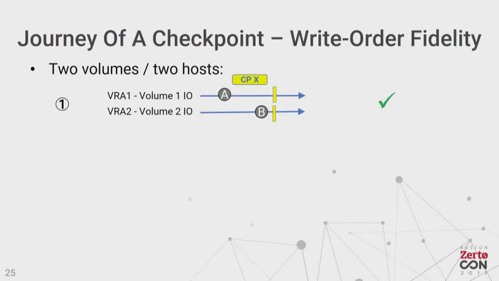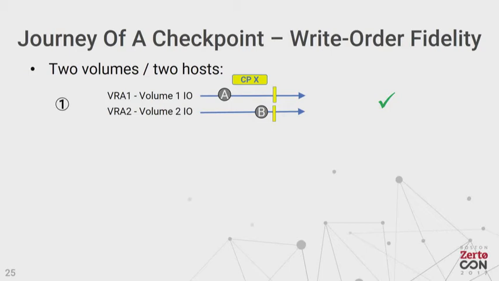Or even latency introduced in the data protection solution itself, because maybe it can't handle firing off all those operations at the same time. And that's the problem that we solve for in Zerto. Because again, we can send that checkpoint serially in the I/O stream for every volume in the VRA. We just put it into the I/O stream and send it across.